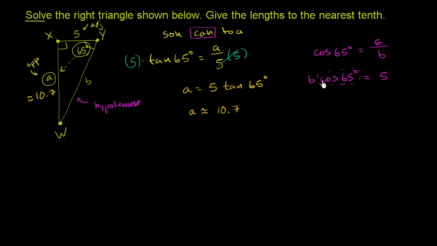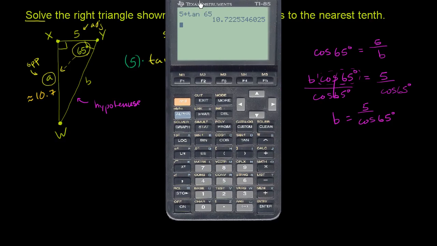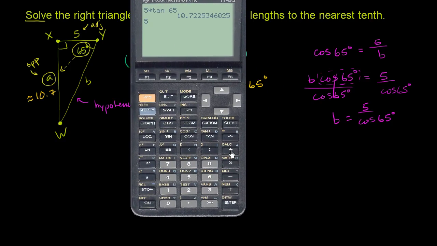So we're left with B is equal to 5 over the cosine of 65 degrees. Let us now use our calculator to figure out the length of B. It's 5 divided by cosine of 65 degrees, and I get, rounded to the nearest tenth, 11.8.